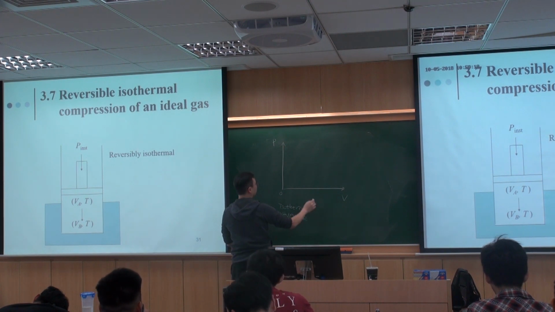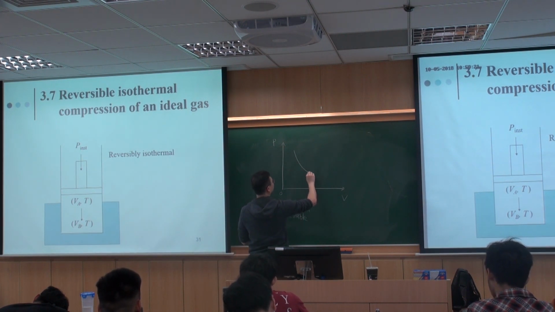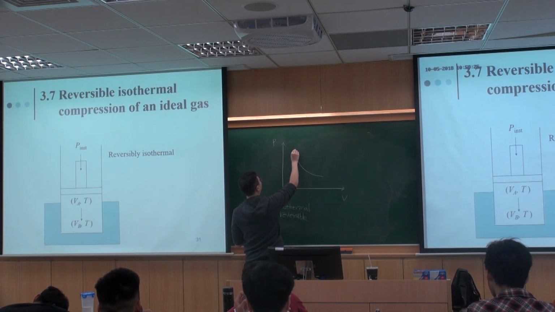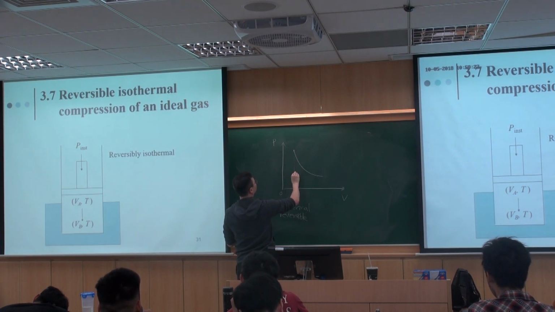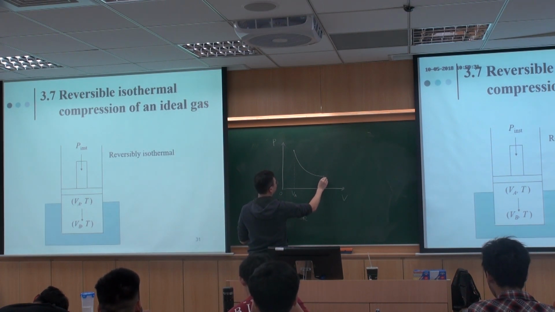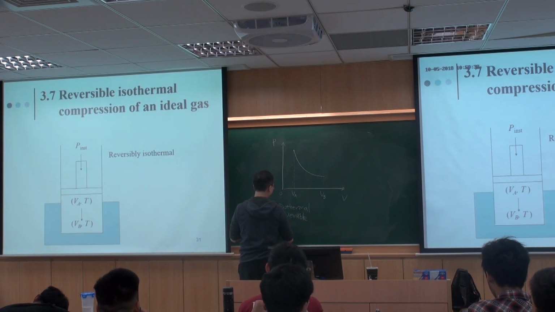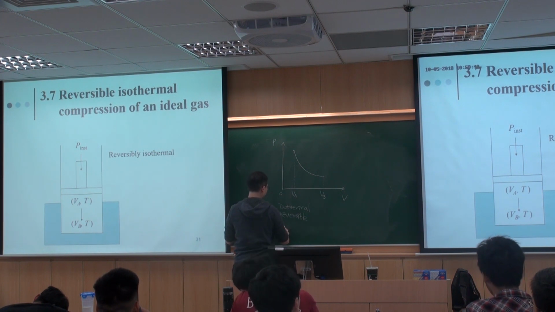And since this is isothermal, we know that it must be something like this, right? And let's say we start from VA, and we end at VB. And it says it's an ideal gas, so that's the reason why we can have this.